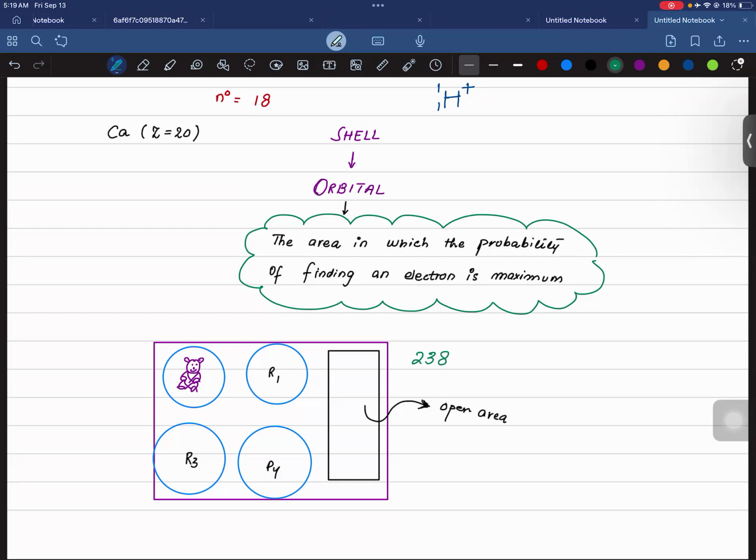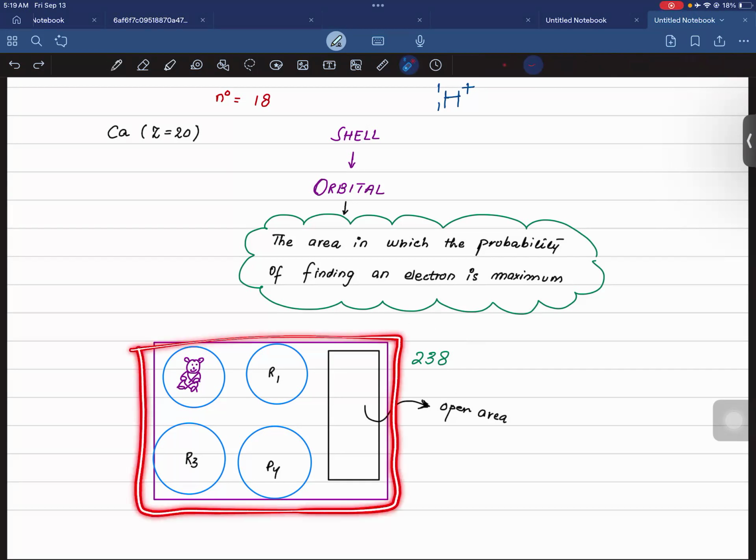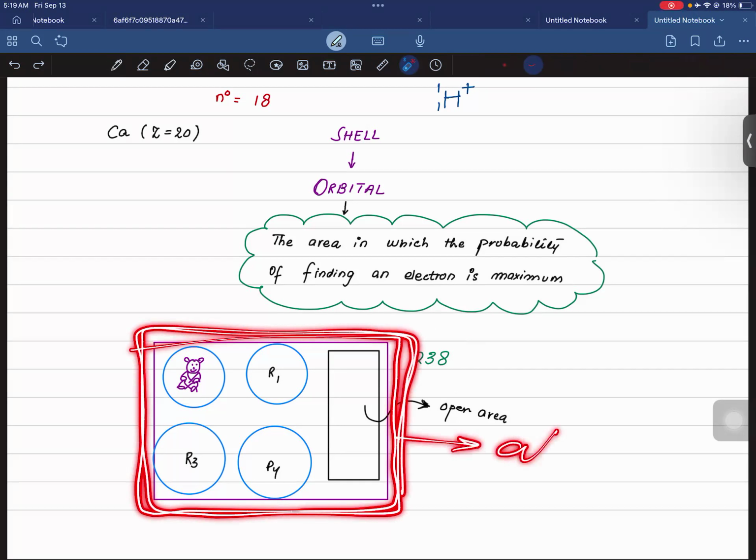Now I'm going towards the electron. As I'm going towards the electron, the probability of finding an electron is going to increase. After reaching your home, now I need to know in which room you are standing. The whole area is just like an atom. This is an atom, but the probability of finding an electron is not maximum.